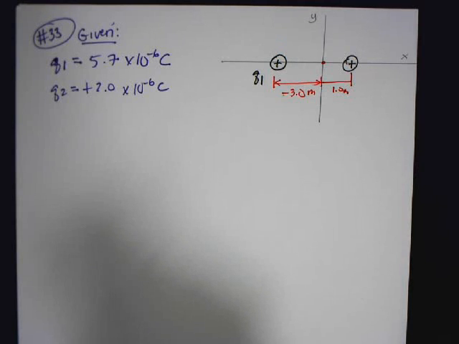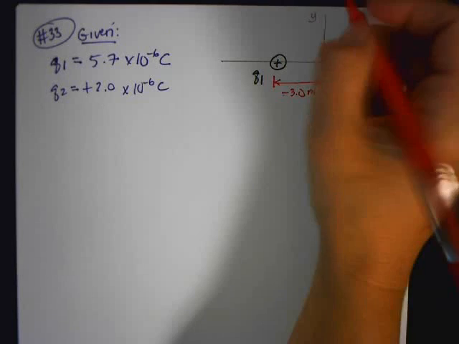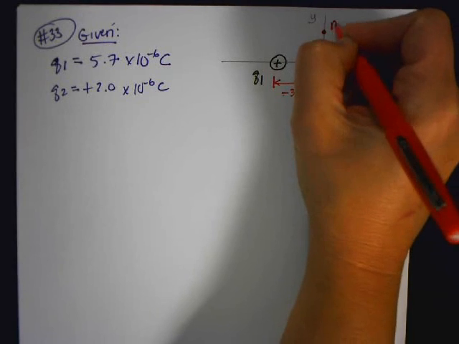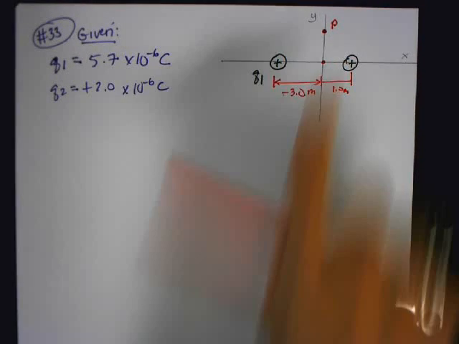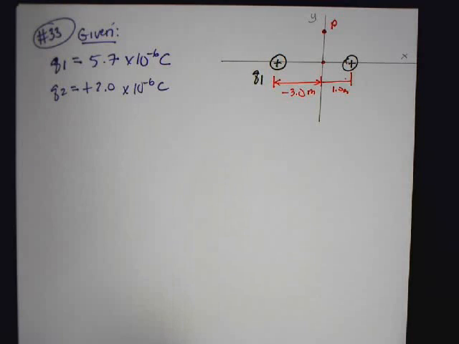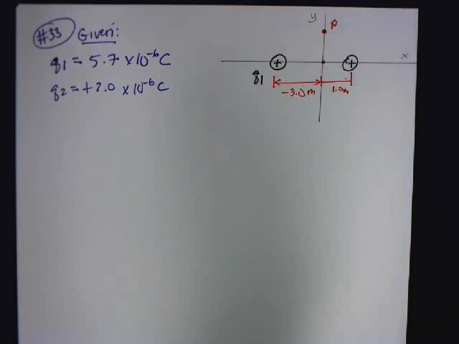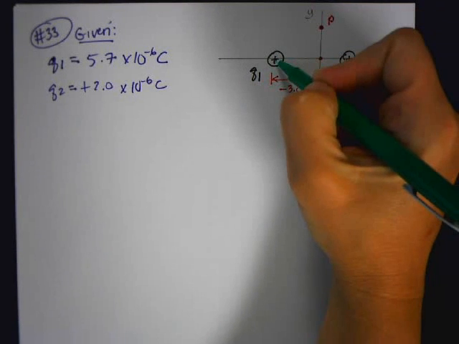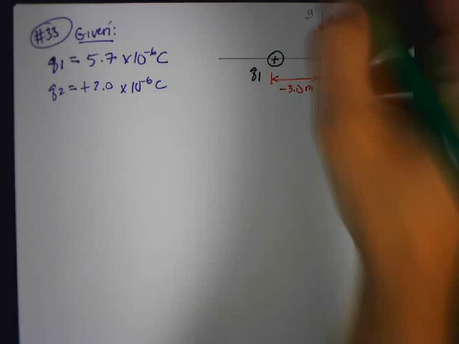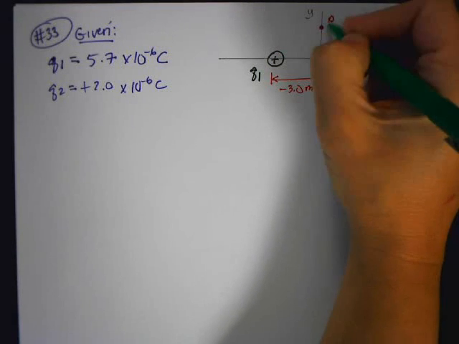And then it says determine the net electric field on the y-axis at 2 meters. So now up here at this point, we want to find the electric field that's influenced here and here. So basically what happens is I have an electric field that is influencing this point. So that one, this is positive.